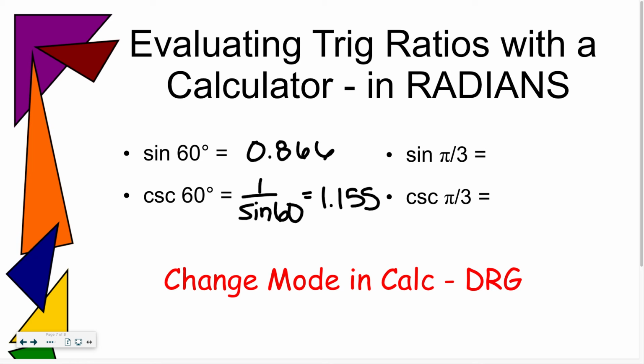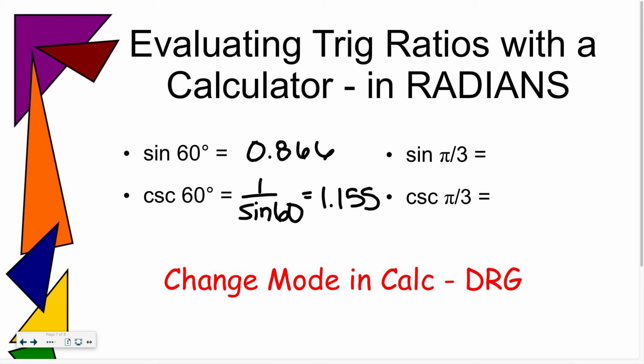Okay, now 60 degrees, if I convert it, is pi over 3, because 60 times pi over 180, 60 divided by 180 is 1/3. So we're going to get the same answers. This would be nice. You'll know you got the right answer. But on the little calculators, it's right next to your second button. It says DRG.